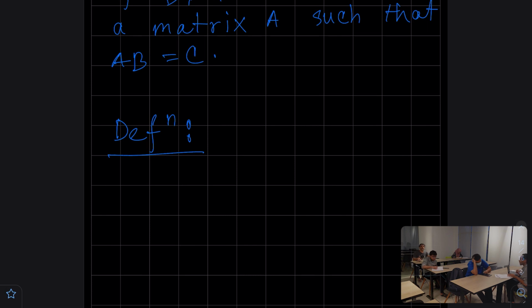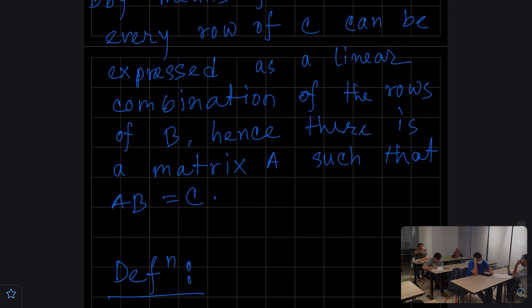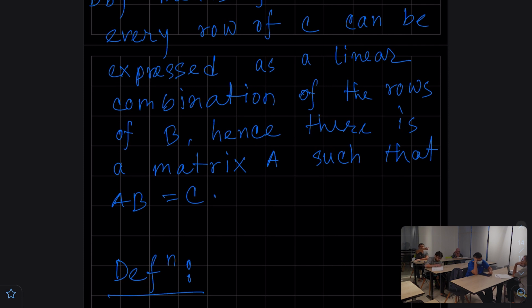In the previous case, AB equal to C, you started with the matrix B and you got to C by just one elementary row operation.